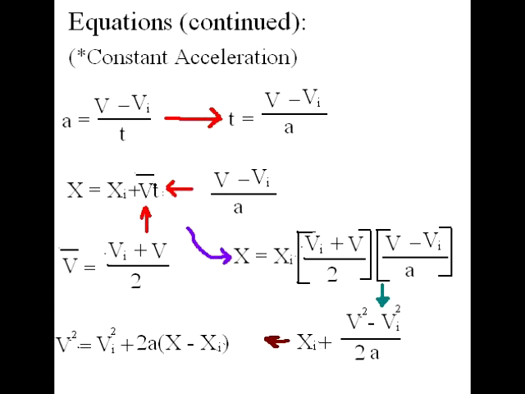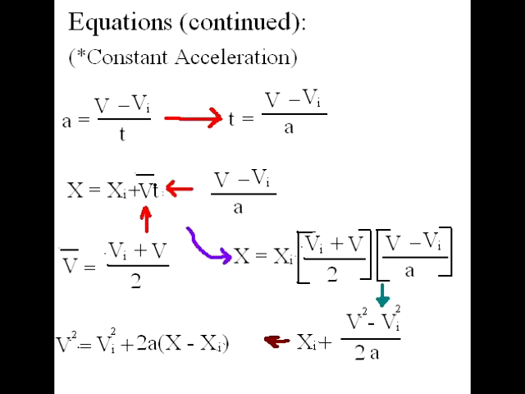and in place of time, you put velocity minus velocity initial divided by acceleration, which, if you follow the purple arrow, then gives you x equals x initial plus, in parentheses, v initial plus v final divided by 2, close parentheses, times, open parentheses, v final minus v initial divided by acceleration, close parentheses.